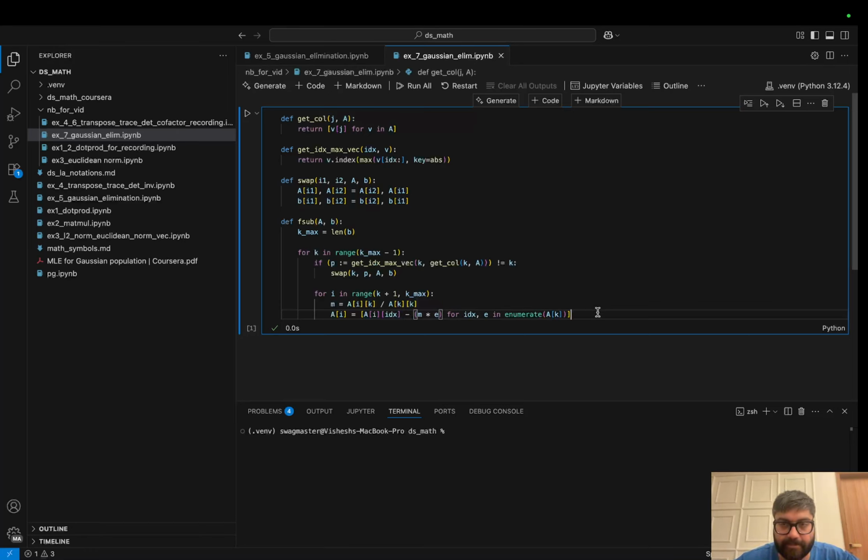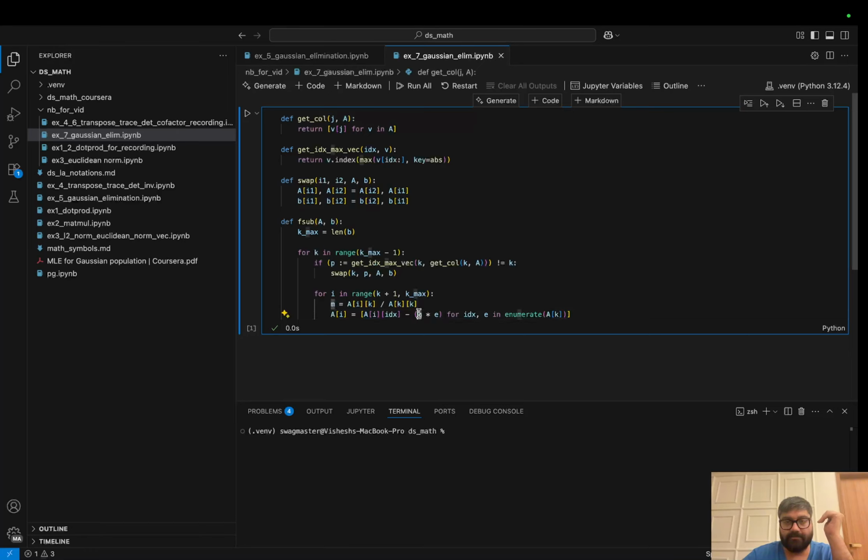So in the ith row, the current row that we're checking out, the element at index, let's say for example 0, we take that value, whatever that is, 3, 5, 7, whatever, and subtract the multiplier, which is the element just underneath the pivot, or the element beneath the pivot divided by the pivot element, which is A_kk, right?